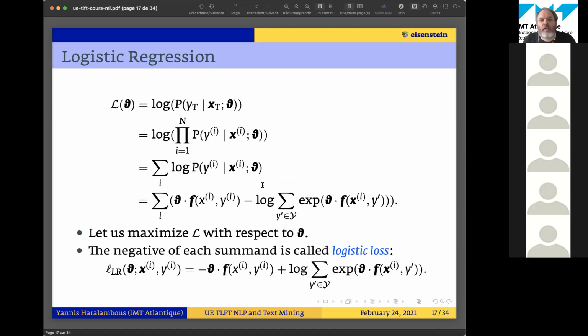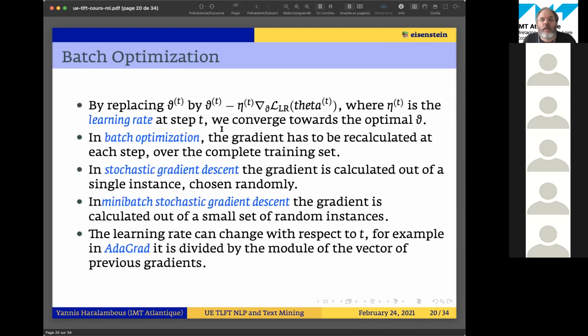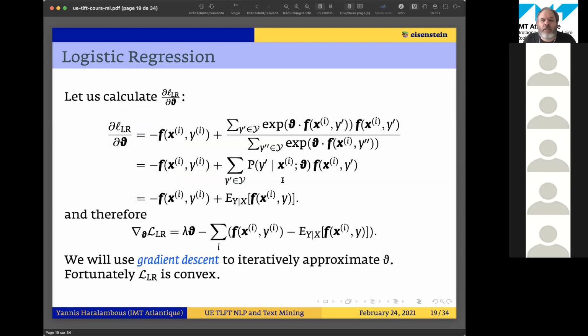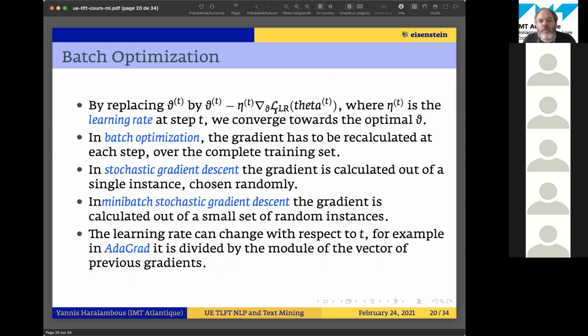The other thing is that we calculate theta to maximize likelihood or to minimize loss using methods of gradient descent, which can be either deterministic or stochastic. Gradient descent means taking steps and getting closer to the optimal value for theta at each step with a given learning rate.